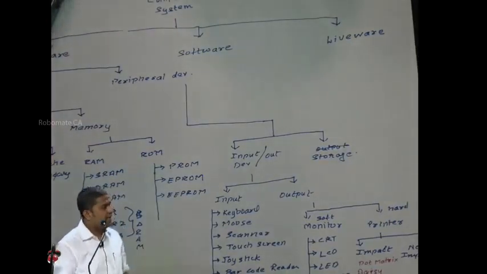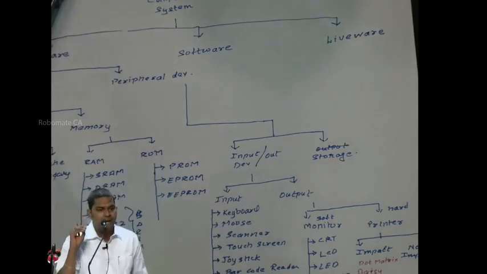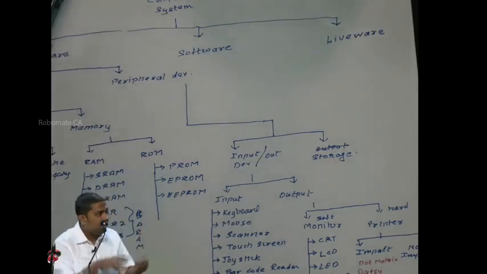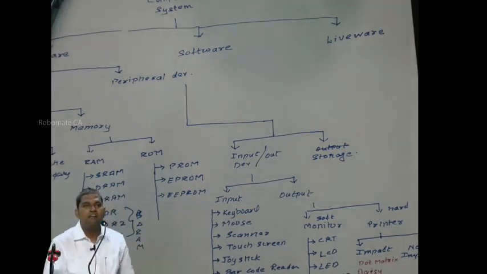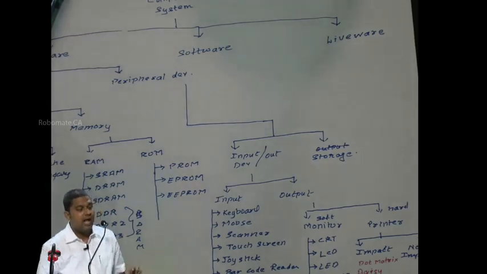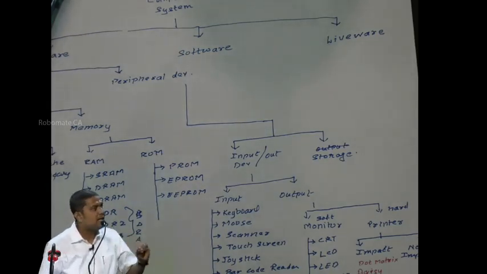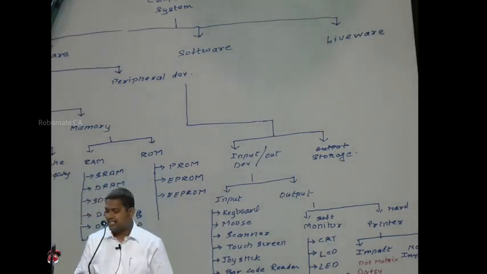And non-impact means there is no physical contact between the printing head and the paper. The ink is spurted on the paper. That's one way. Or you have an invisible electrostatic image created, and that is sprayed with fine powder, and that exactly happens with a laser printer.